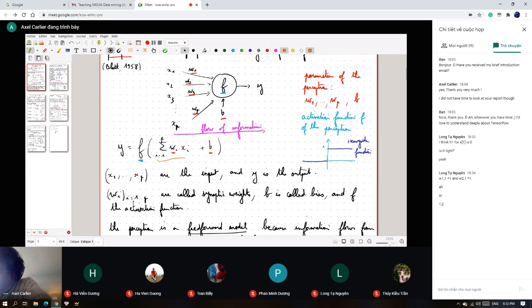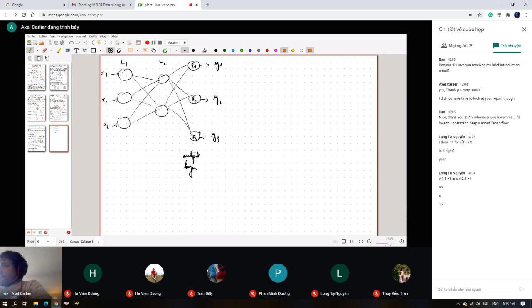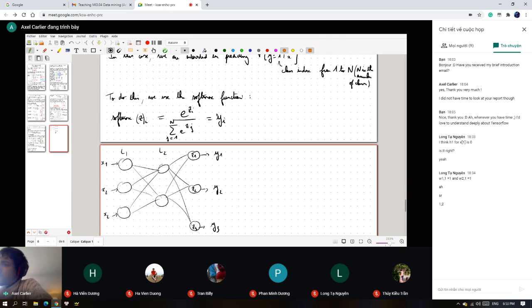This, we often refer to as z. Z is the linear combination of this multiplied by this, plus this multiplied by this, etc., plus the bias. This is z. So now I get y1, y2, y3 doing such combination of Z1, Z2, Z3.